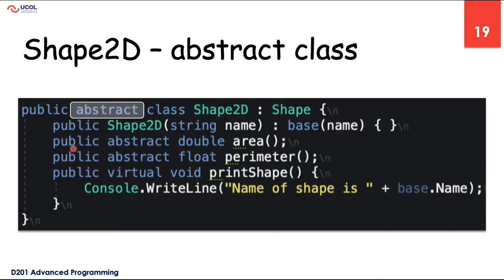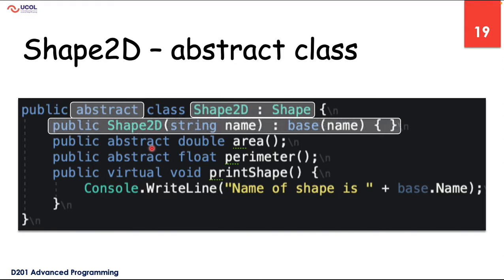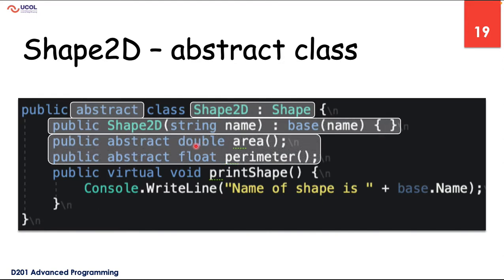And then if you look at that, we have a public abstract double Area. Here we are saying that this particular abstract method is going to return a double value, and then we have the area, which computes the area of the shape, how much area is covered by that particular two-dimensional shape. Okay, and then we also have an abstract method which returns a float value, and then we have the perimeter.